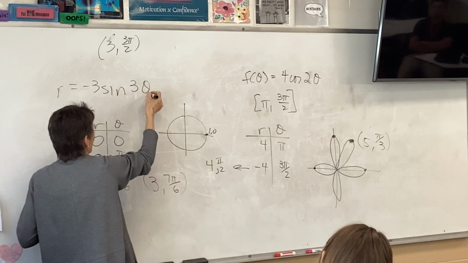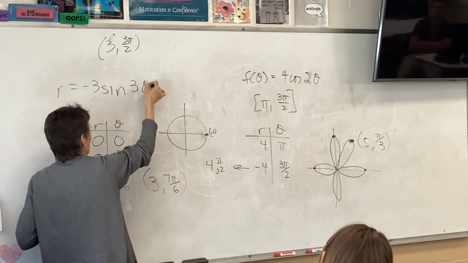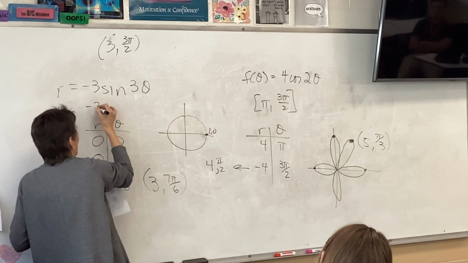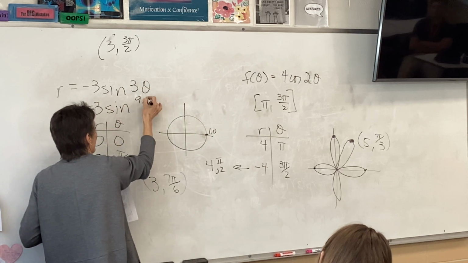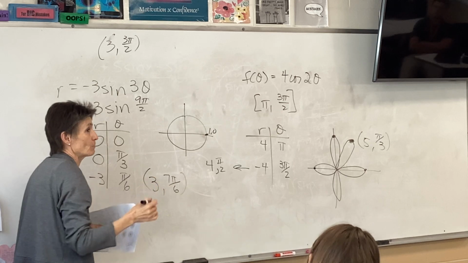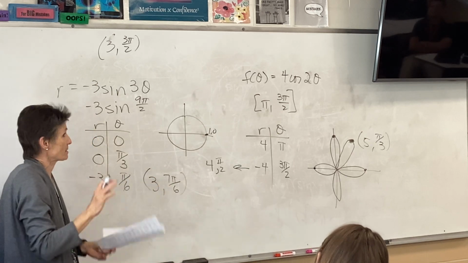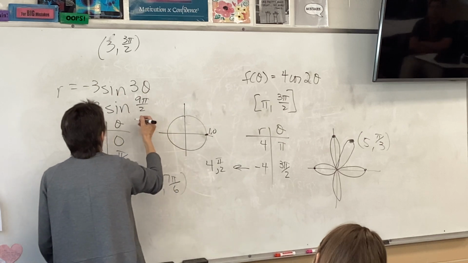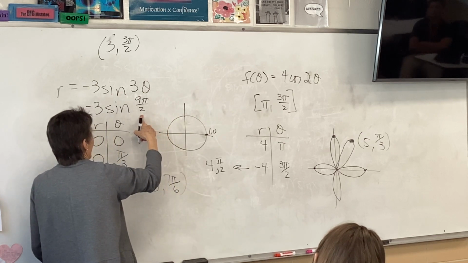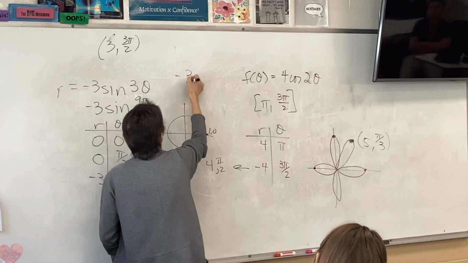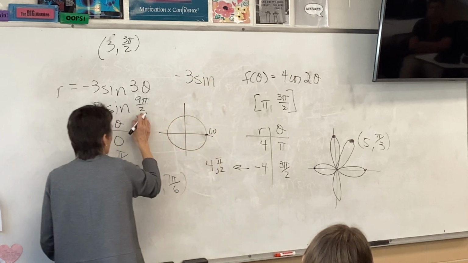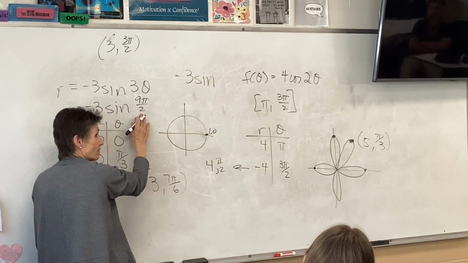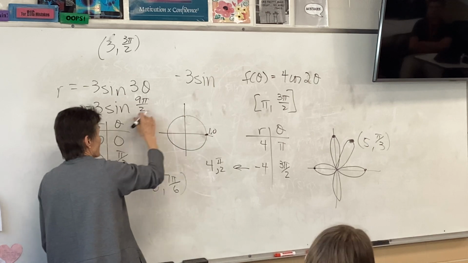So let's put 3 pi over 2 in here. What do we get if we put in 3 pi over 2? We get 9 pi over 2. Well, 9 pi over 2 is too big. So what is that the same as? If we take out 4 halves pi, that's the same as pi over 2.